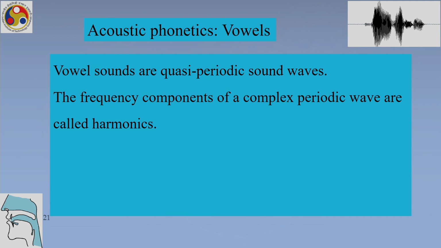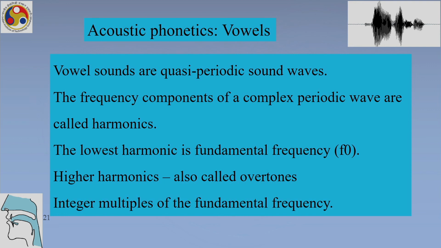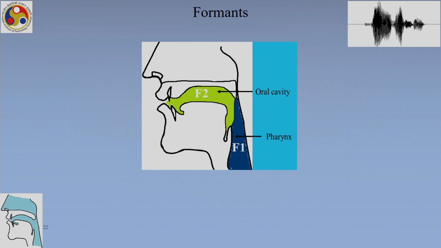The lowest harmonic is the fundamental frequency, that is the rate of vibration of the vocal cords. And the higher harmonics are called overtones, which are integer multiples of the fundamental frequency.